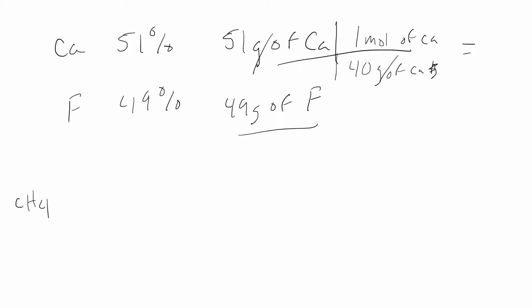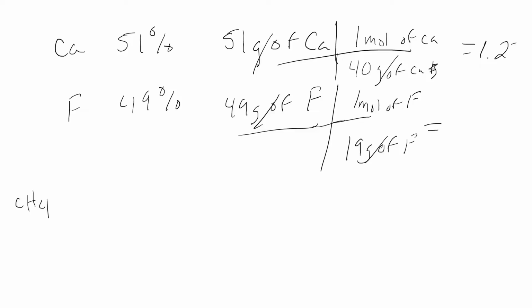Then we have our next one, which is a little close here, but it should be fine. We have 49 grams of fluorine, and we know grams should be at the bottom. It's at the top. This is of fluorine. Knock this out, knock this out. So using my calculator, if I do 51 divided by 40, that gives me 1.275.